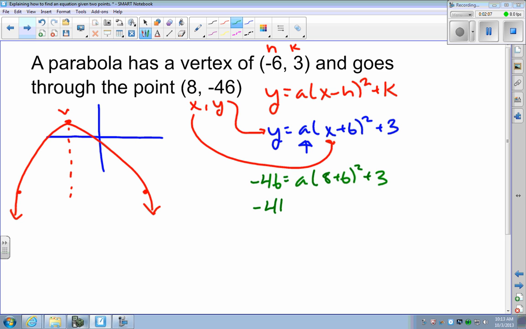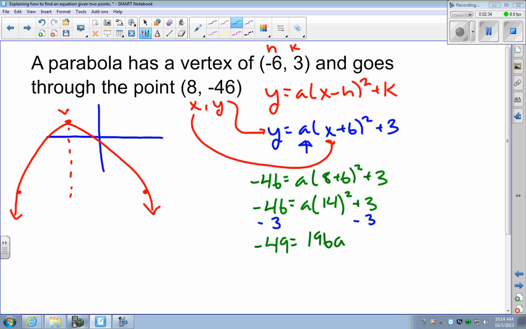Okay, so let's start solving and simplifying some stuff here. So this is 14 squared plus 3. Now, make sure you take this 3 away. That's usually a common mistake with kids. So we do this, we get negative 49. 14 squared is 196. Let's just throw the A at the end.